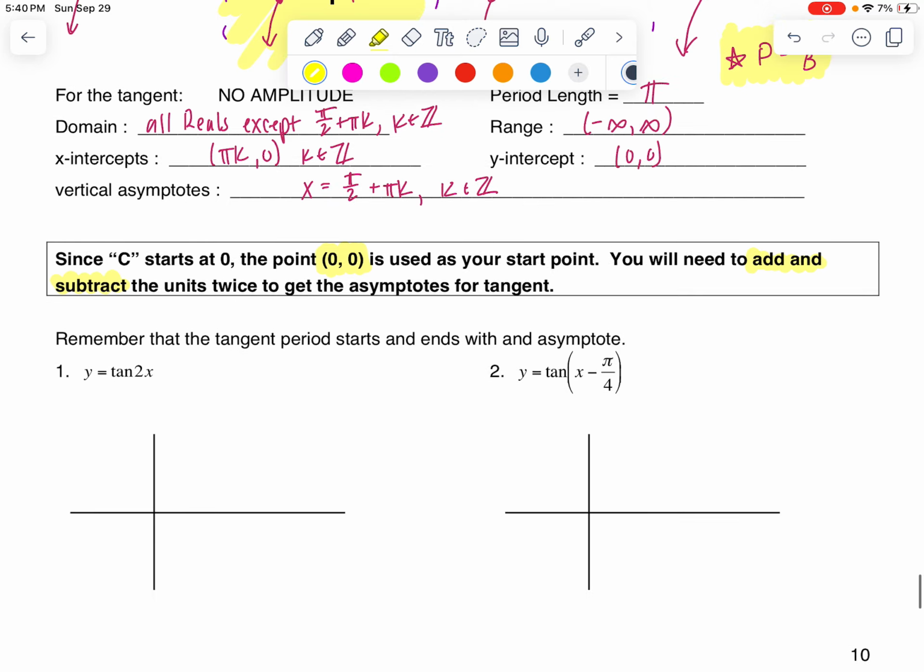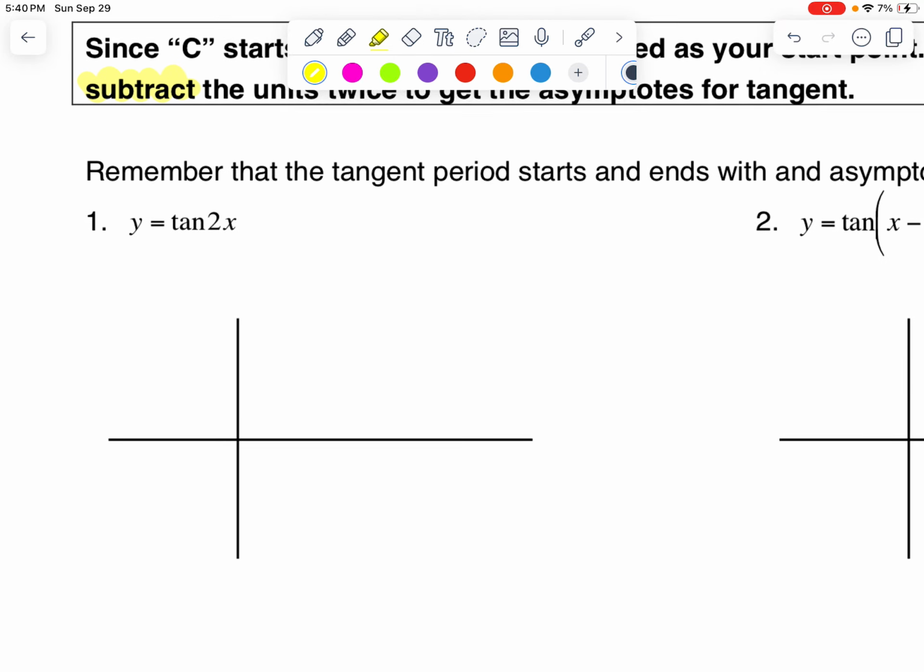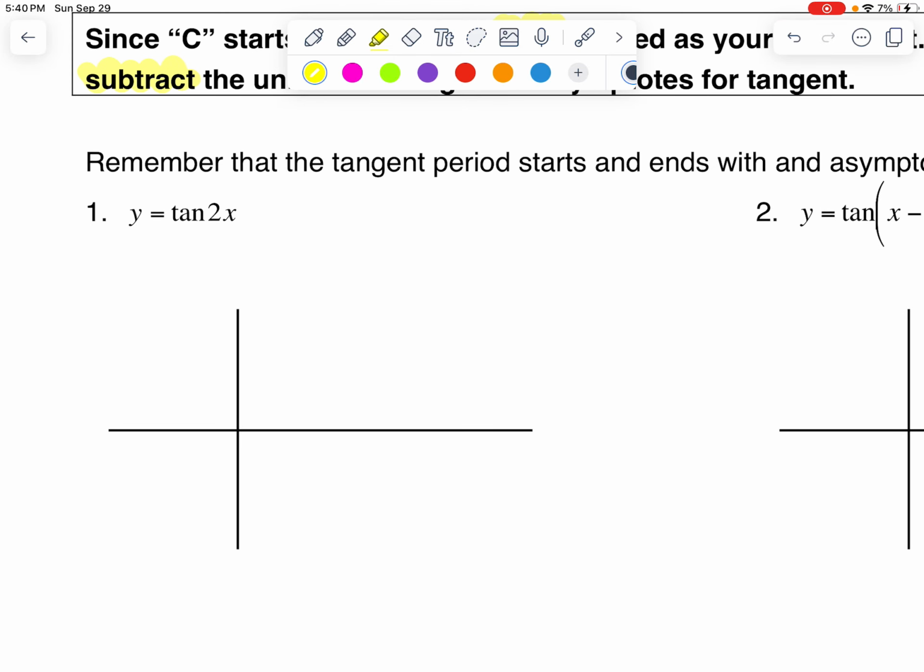If I'm graphing number 1, we have y is equal to tangent of 2x. Here we do have a b, so our b is 2, so I have to find a new period. Since the period length is just pi, we're going to have pi over b. And to find our units, we're going to have pi over 2 divided by 4, and that's going to be pi over 8.